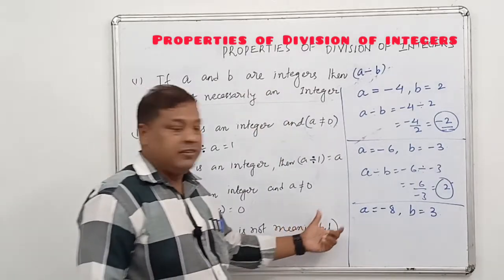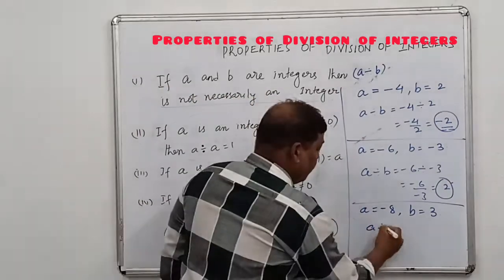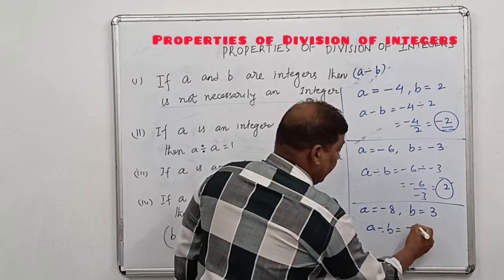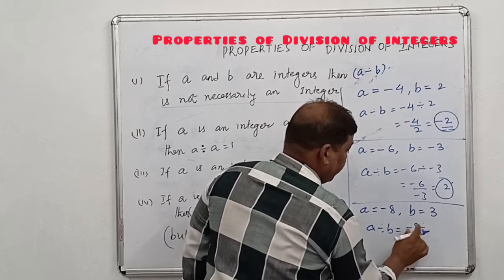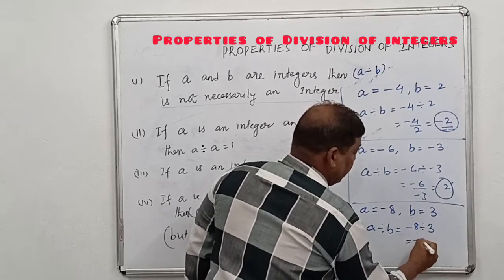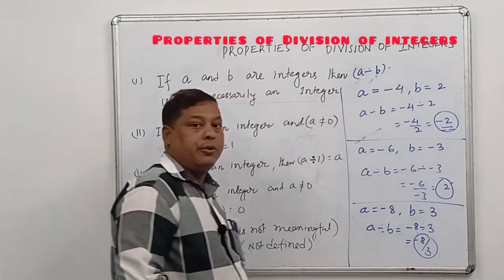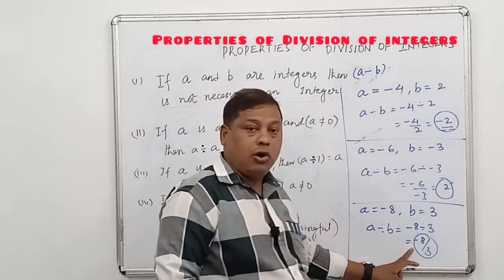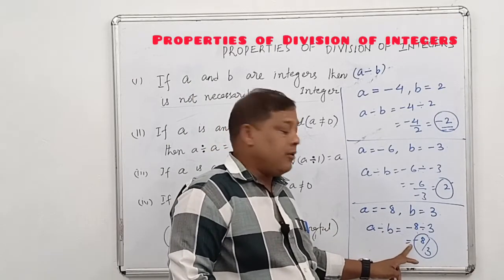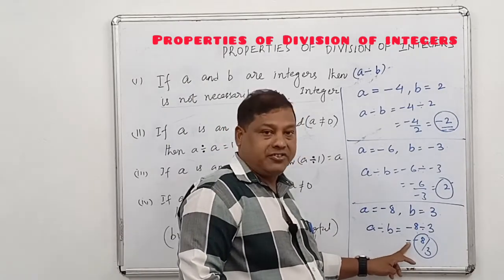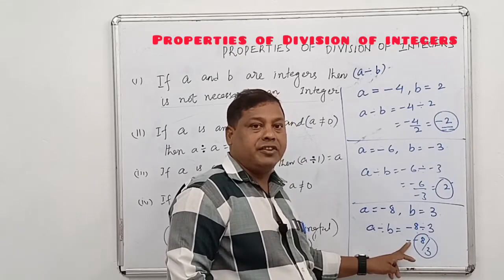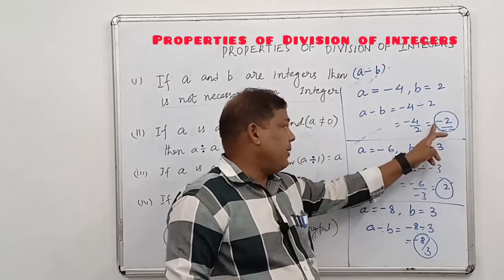Now we will see here a upon b is equal to -8 upon 3, which is equal to -8 by 3. Is it an integer? No, it is not an integer. This is a fractional number, or a rational number. So a rational number is not an integer.